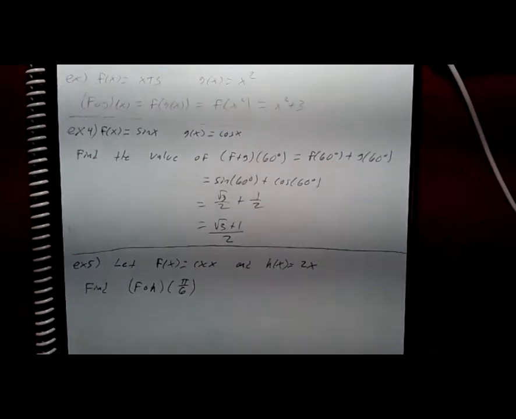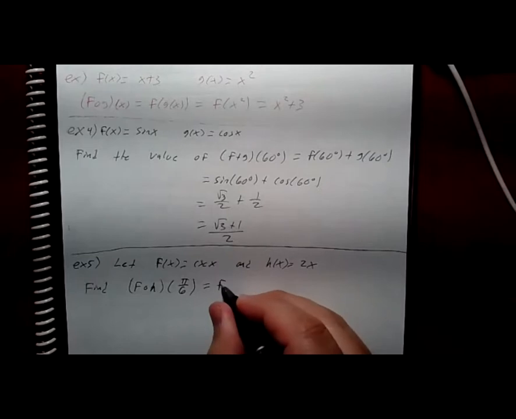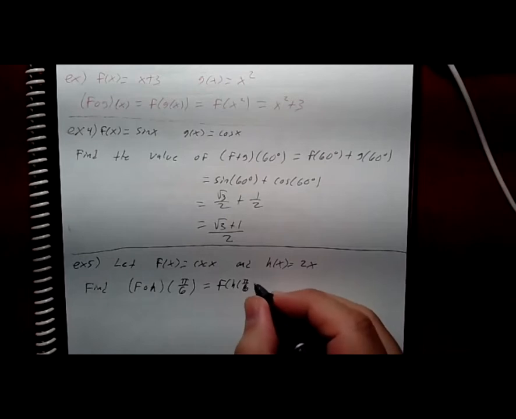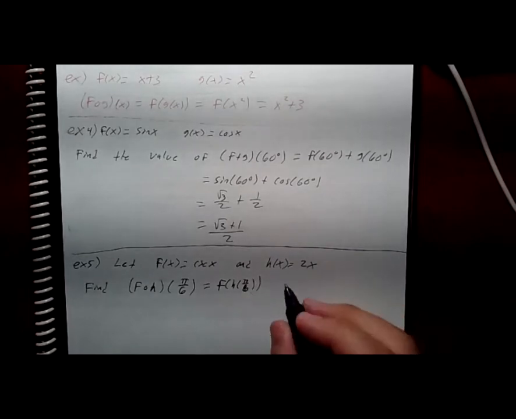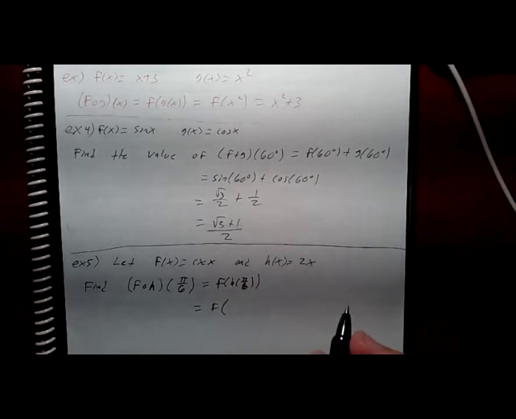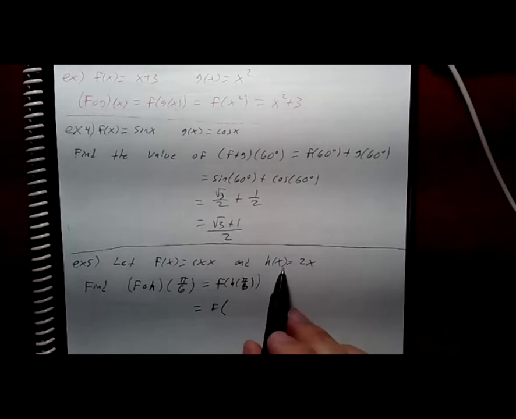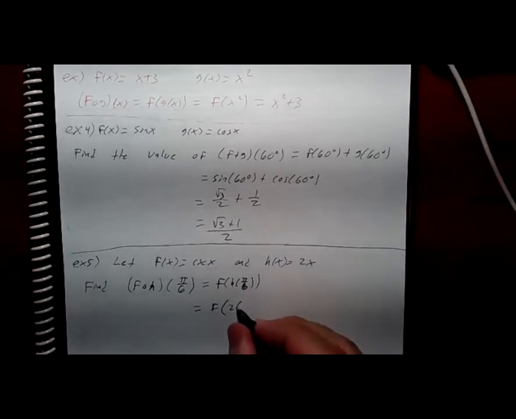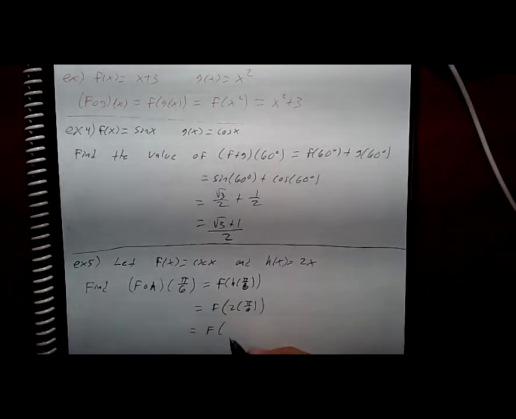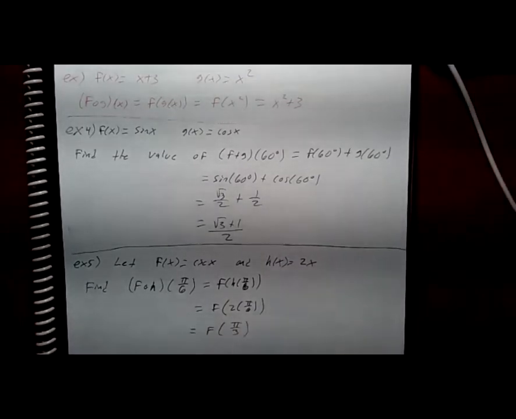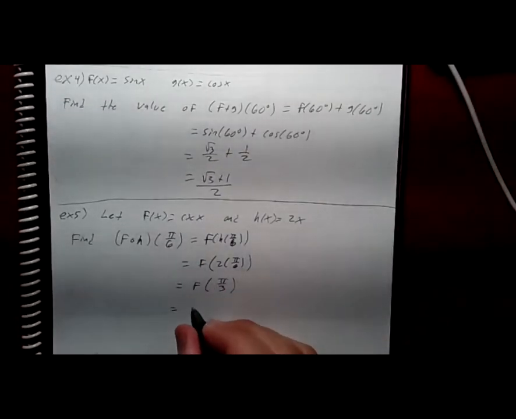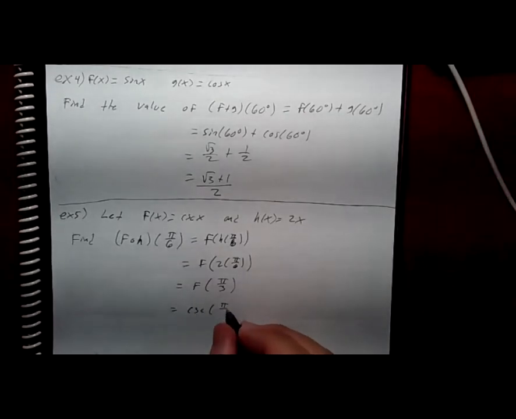So the notation means f of h of pi over 6, which means f of, and h is right there, right? So that'll be 2 times pi over 6, which is f of pi over 3. Then plug this guy into the actual f, cosecant of pi over 3.